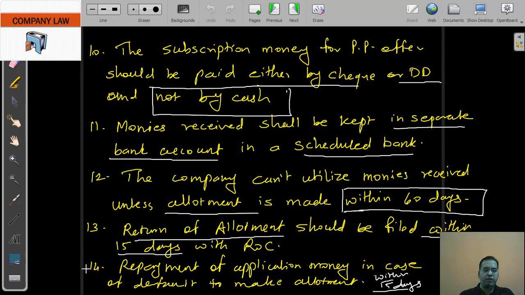This 14th point I have covered in the 15th as well, so it is a connected point.